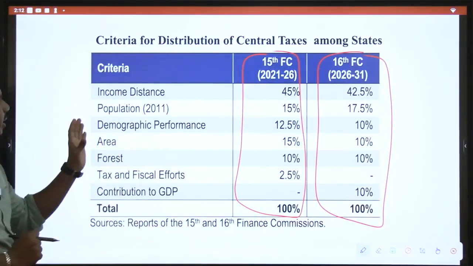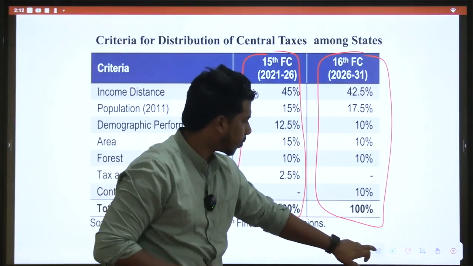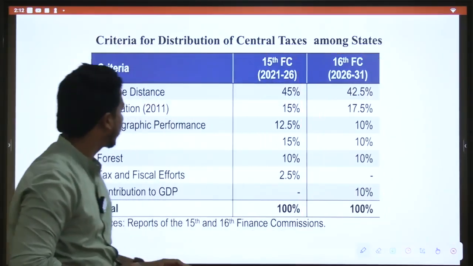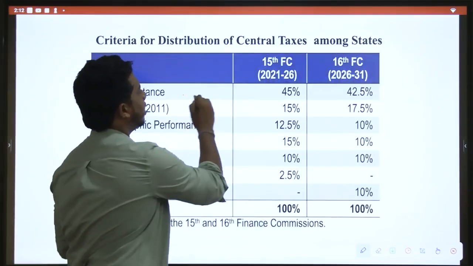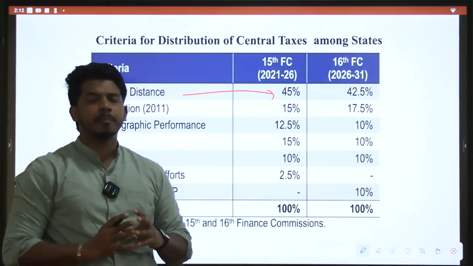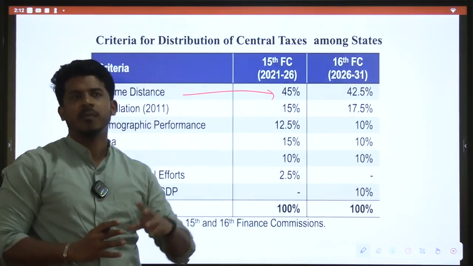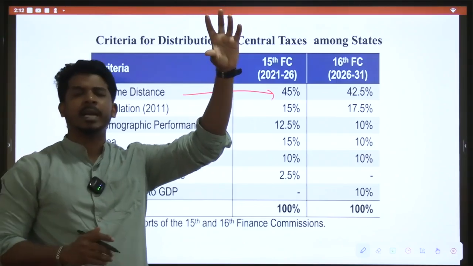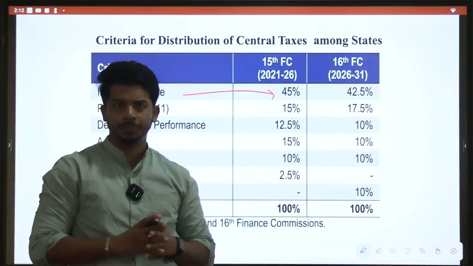If you see the criteria of the 15th Finance Commission, it is talking about something called income distance. Income distance means the per capita GDP of top states and the per capita GDP of bottom states and the difference between them.